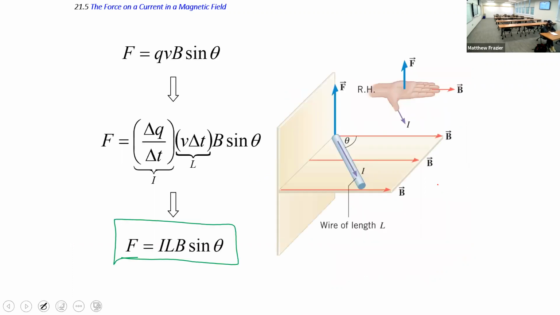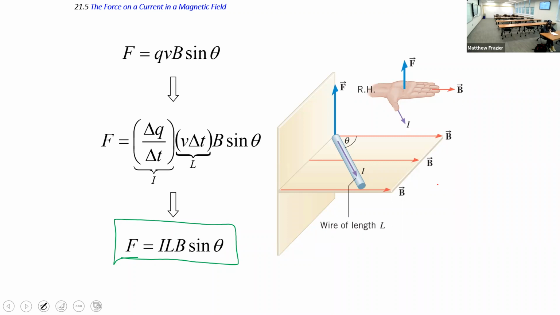So converting that, we realize that the velocity is really a change in length over time, how far the charges move over time. So for each electron, we can put in a length divided by time for how far it moves, and then we realize charge divided by time is the current.